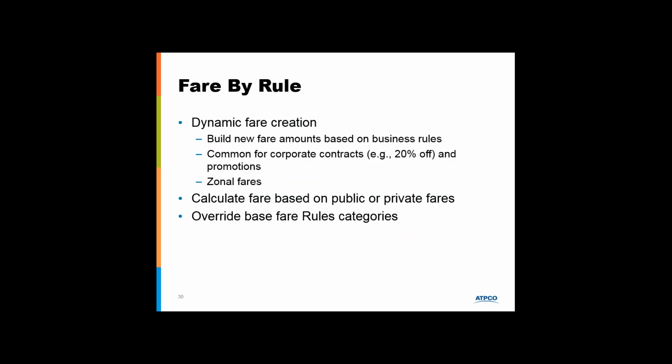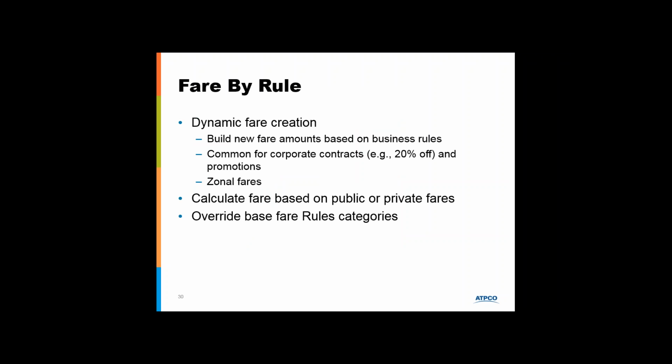Followed from making a negotiated fare, we offer airlines a dynamic creation where out of all the fares that exist in the database, they can retrieve and do calculations against those fares. For corporates, for example, they may say, every fare I have, you get 20% off. And instead of creating additional fares in our system, they're using this category to do permutations.